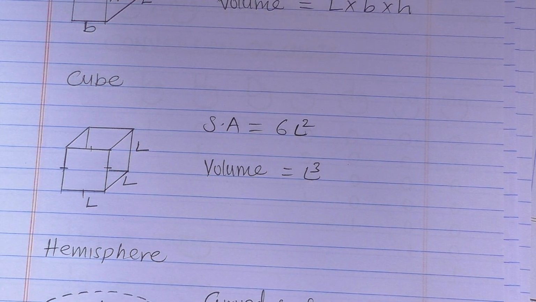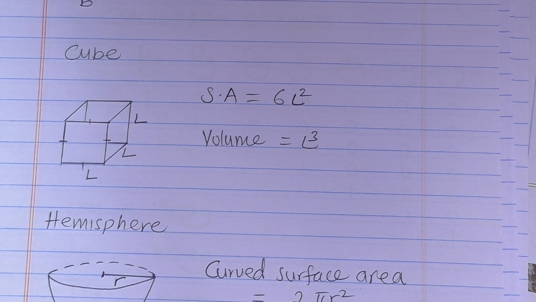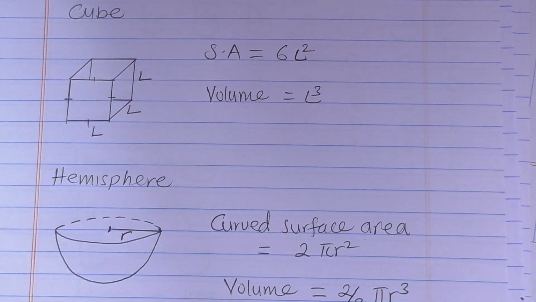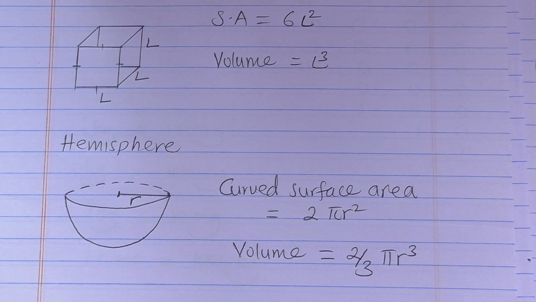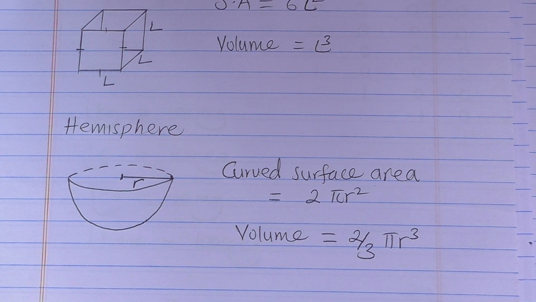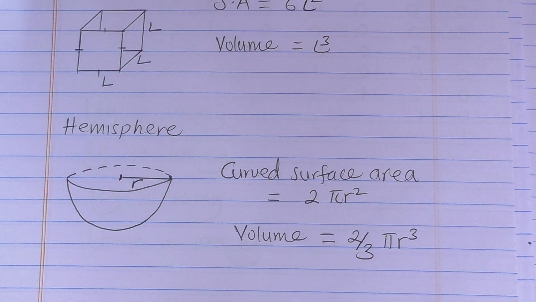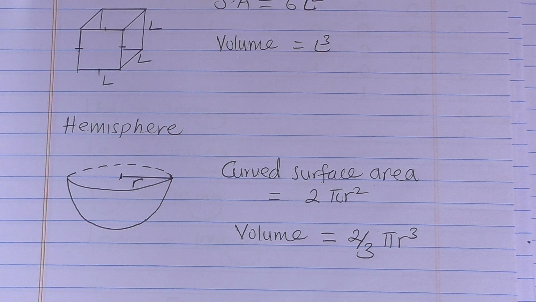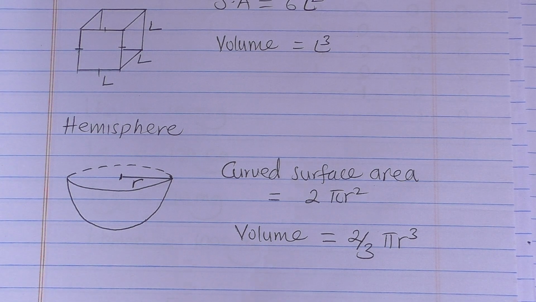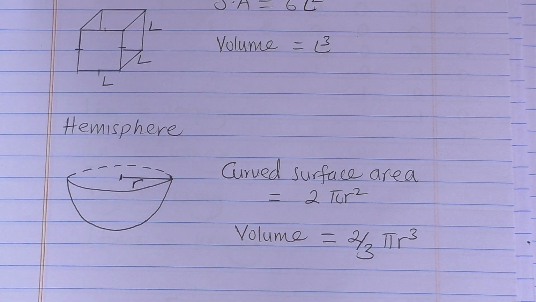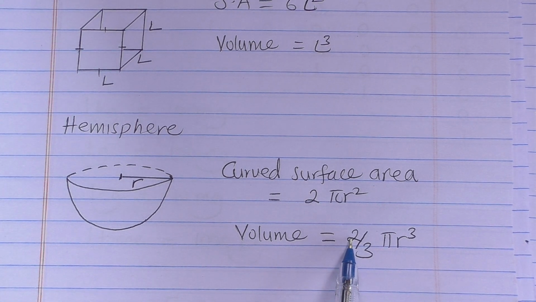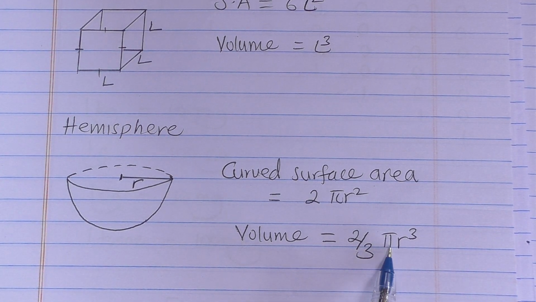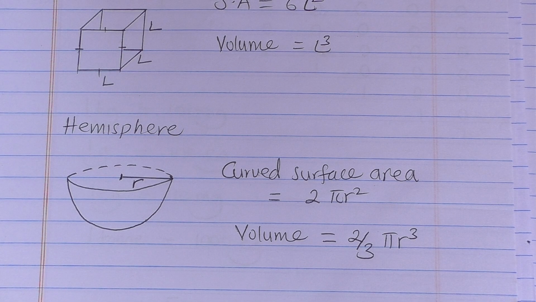And lastly, we have a hemisphere. A hemisphere is a half of a sphere. So a hemisphere has the curved surface area, which is 2 pi r squared, and its volume is given by 2 over 3 pi r cubed.